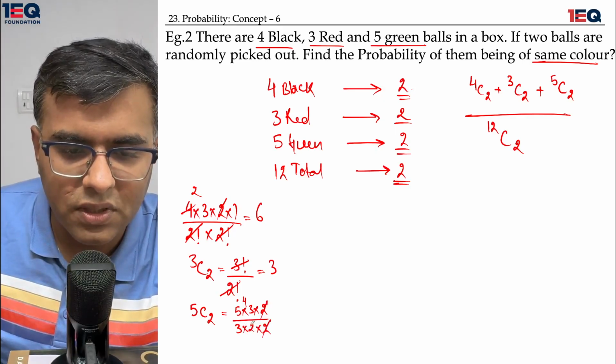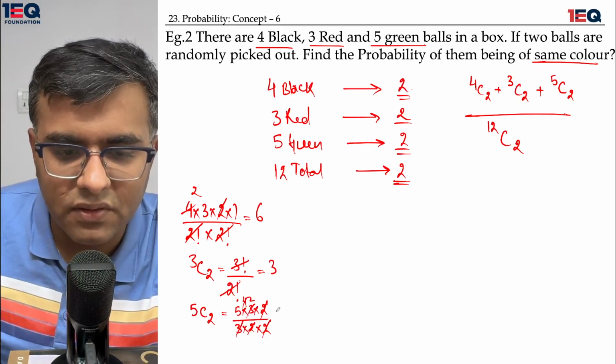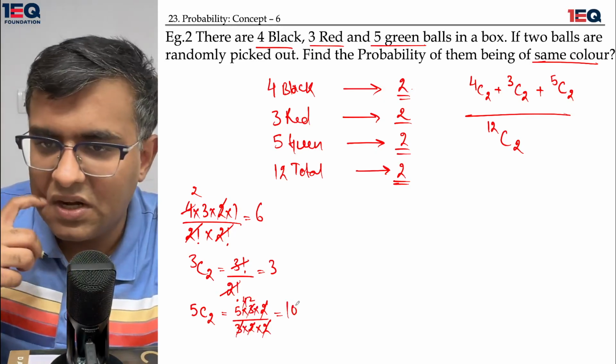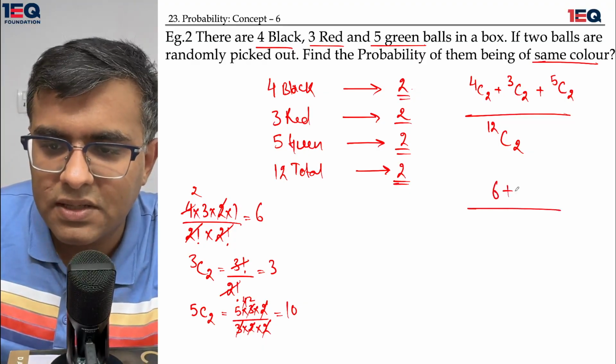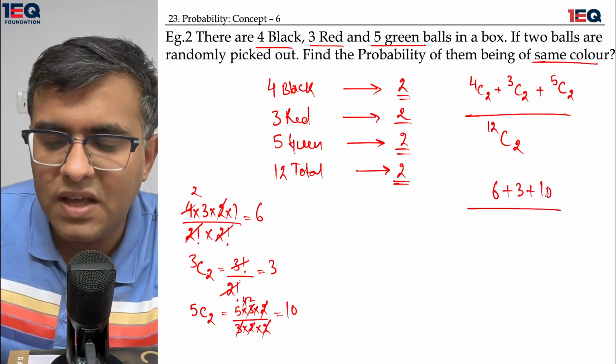This 2 and 2 is gone. This 2 and 4 gives me 2. The 3 and 3 get cancelled out. 5 twos are 10. So what I get in the numerator is nothing but 6 plus 3 plus 10.